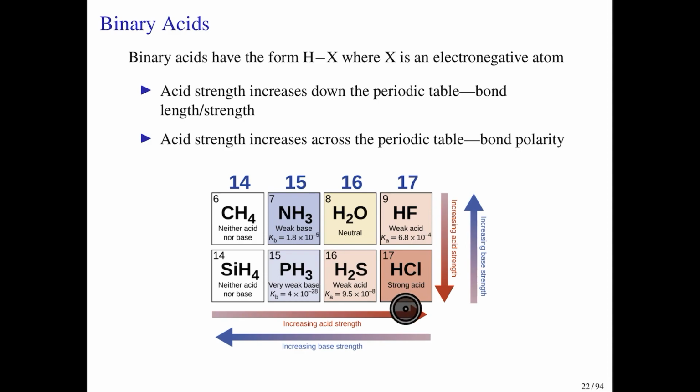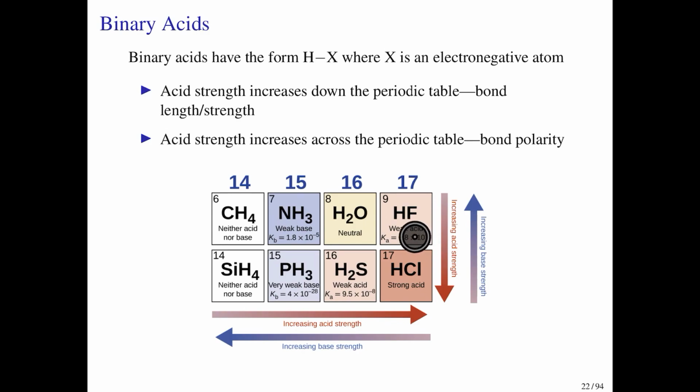So for example, if you think back to your periodic trends, you know that as you go down the periodic table, the atoms get larger. So a chlorine atom is larger than a fluorine atom. And since the bond length is longer between hydrogen and chlorine than it will be between hydrogen and fluorine, it will be a weaker bond, and therefore hydrogen chloride will be more acidic than hydrogen fluoride.